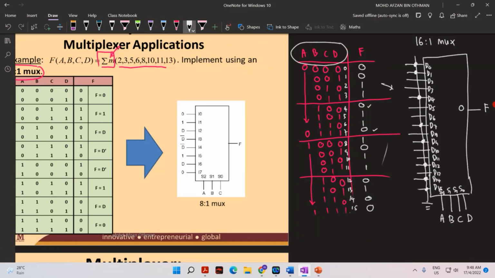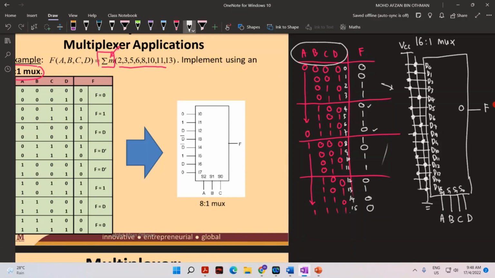Okay, yang mana tak sambung lagi tu kamu sambung kepada VCC, di mana VCC ni akan produce logic 1, because it is 5 volt. So 2, 3, 5, 6, 8, 10, 11, 13.